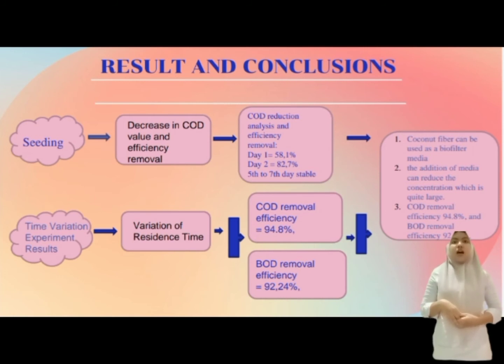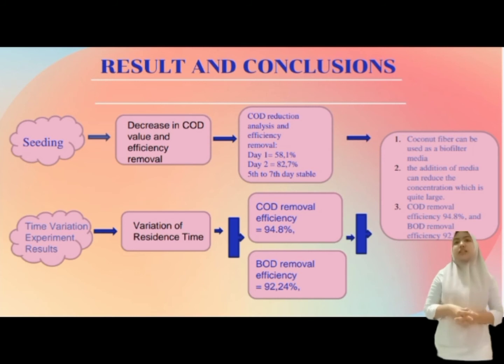Observation of the growth of microorganisms can be carried out by looking at the ability of COD removal. The efficiency value that tends to increase indicates the activity of microorganisms that have grown more and more.